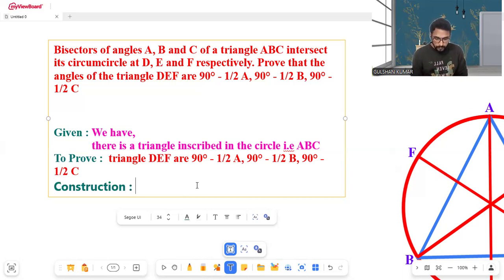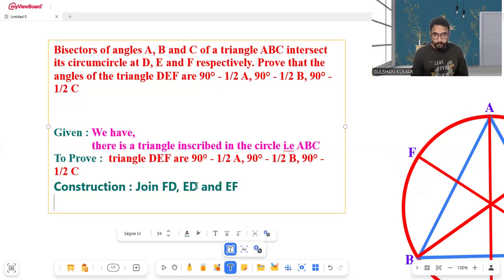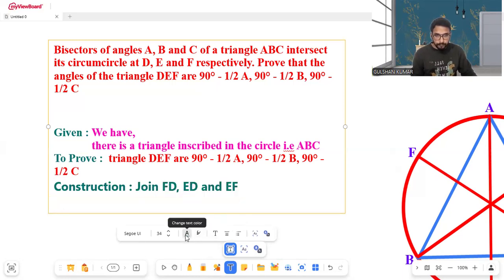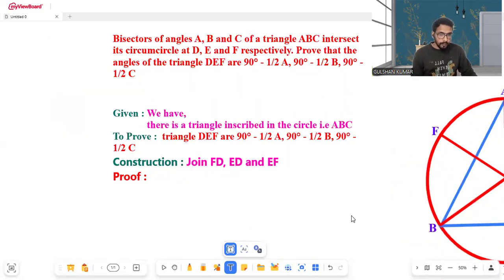So join FD, ED, and FE. Clear? Now proving: we are proving here how this will be 90 degrees minus half.